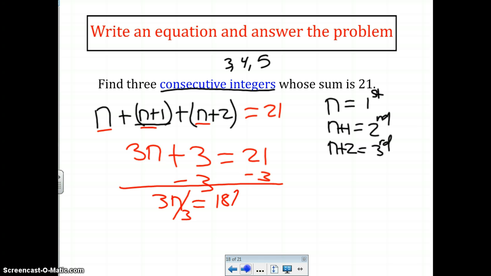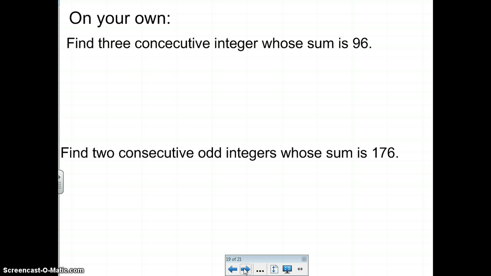Divide by 3, divide by 3, and we end up with n equals 6. So my first integer, n, is 6. If I add 1 to 6, I get 7. If I add 2 to 6, I get 8. Okay, go ahead, hit pause, try these, and see how it goes for you.